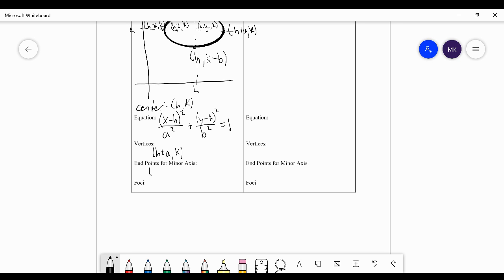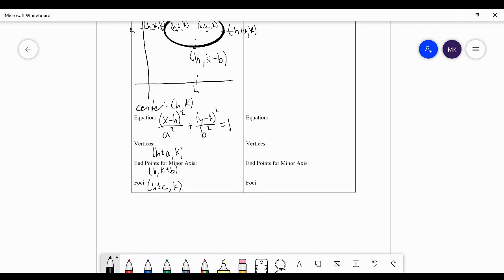The endpoints of our minor axis are at h, comma k plus or minus b, and our foci are at h plus or minus c, comma k.